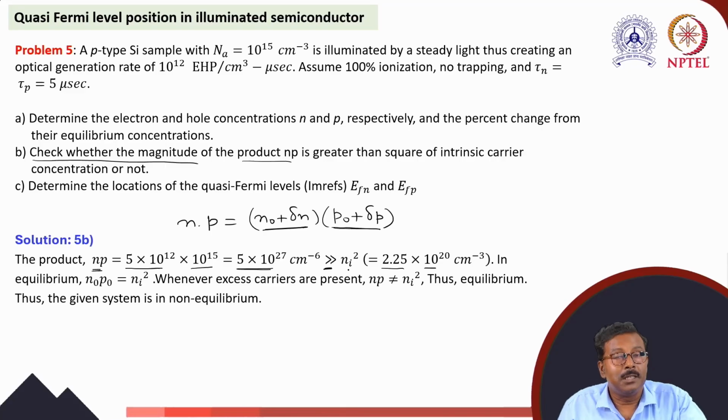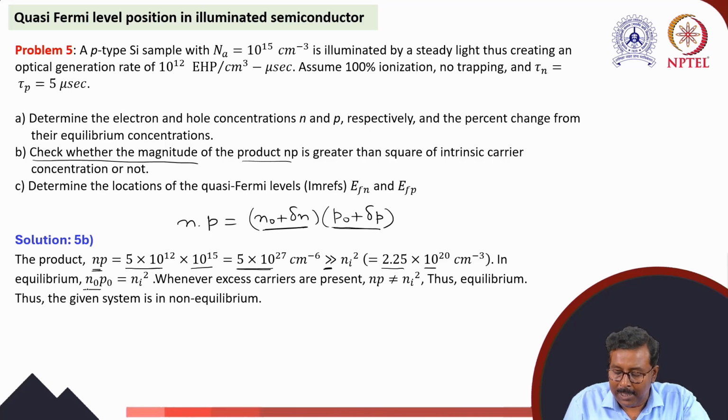That means this system is no more in equilibrium, because at equilibrium the product of n and p is always ni squared. But here the product is more than ni squared, so the system is no longer in equilibrium.